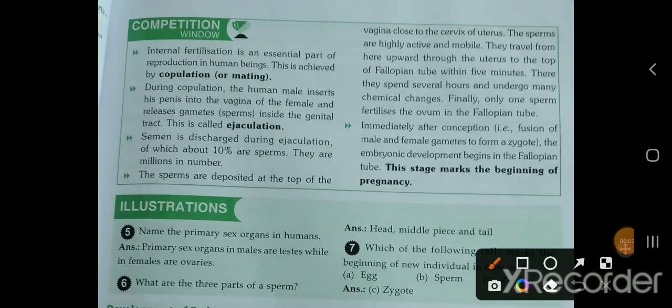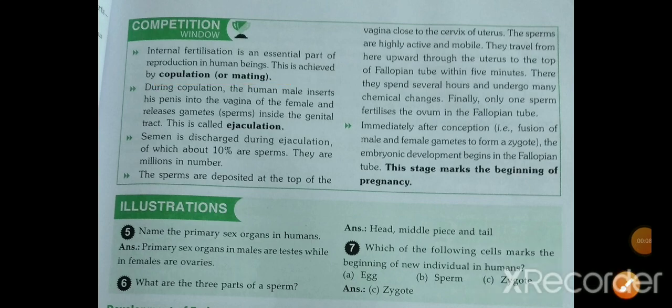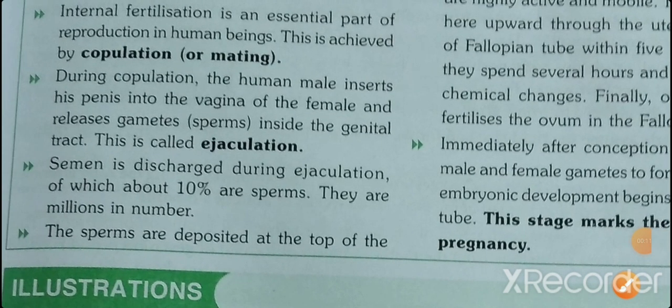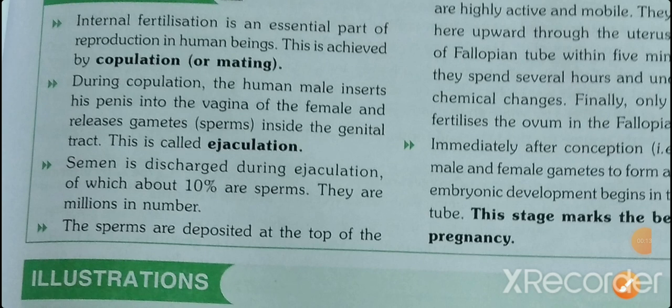So now we will learn a few of the terms and their meanings. Copulation, as I have already said, is called mating, that is, sexual intercourse.